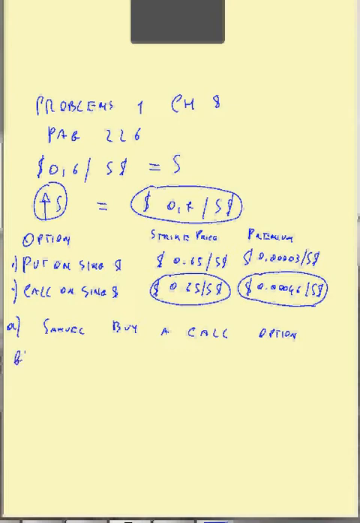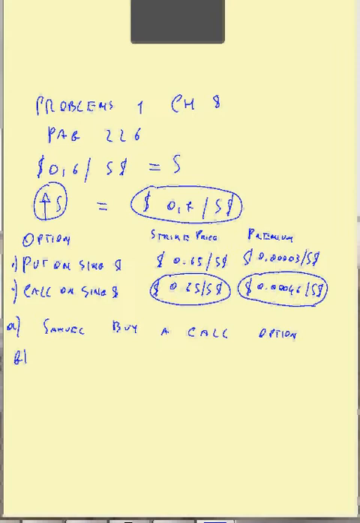Question B. Using your answer to part A, what is Samuel's break-even price? What is the break-even price? It is the value of the exchange rate at which he is indifferent to exercise or not the option.